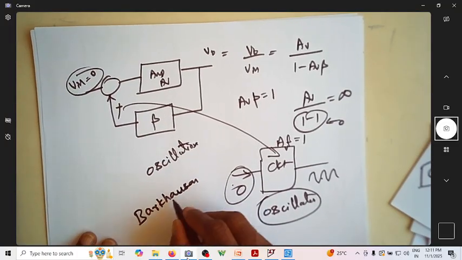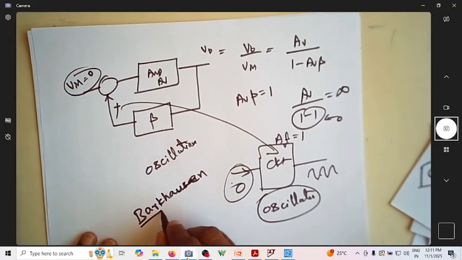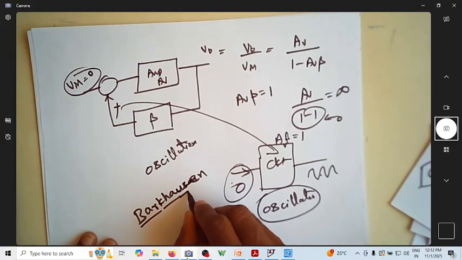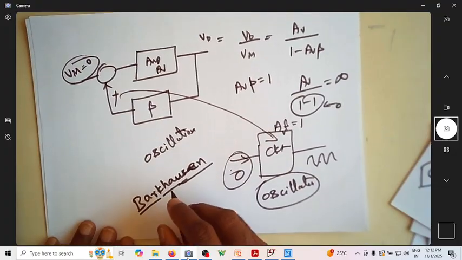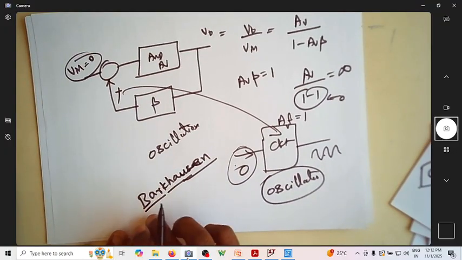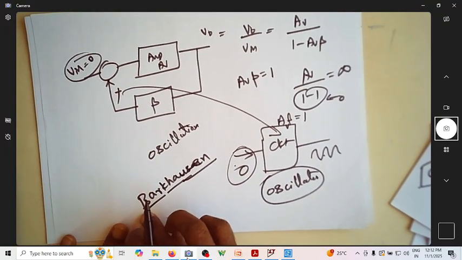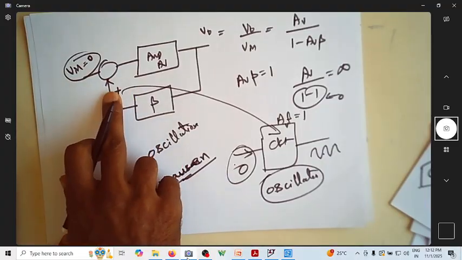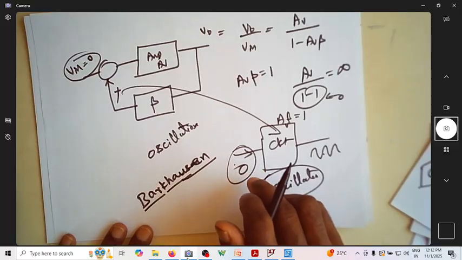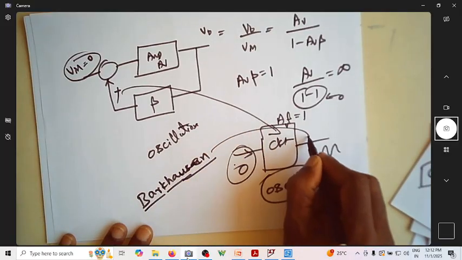So here is the Barkhausen criteria. An electronic circuit with positive feedback with loop gain equal to 1 is the condition to get the oscillation.